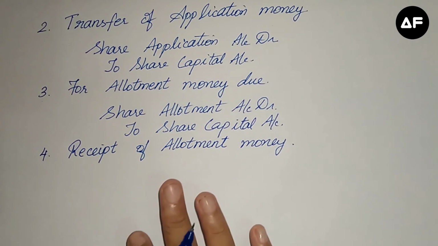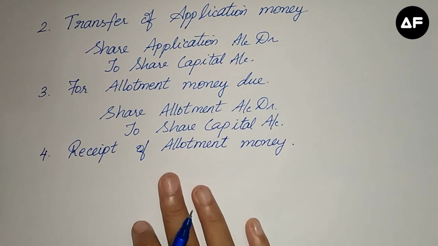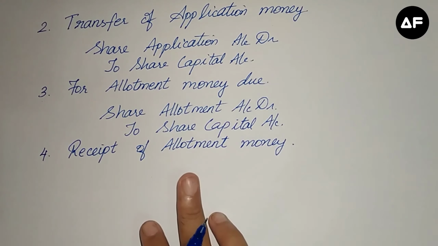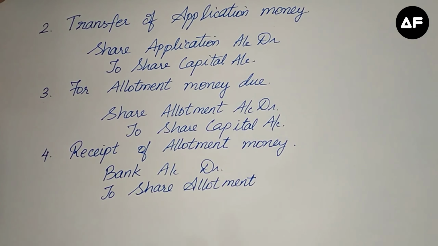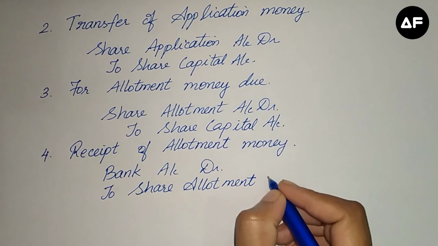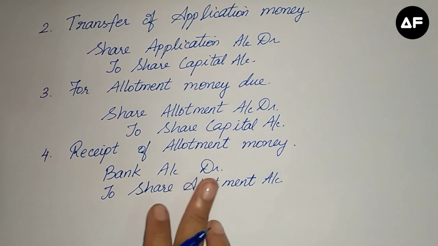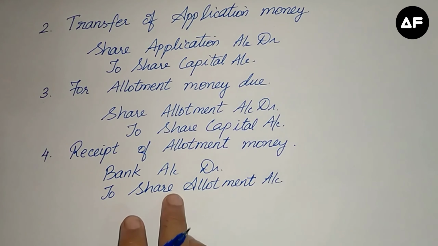Likewise, here the investor, after being contacted for the allotment, will pay the allotment money to the company. So the journal entry for it is bank account debit to share allotment account. So bank account, because the investor pays in the money for the capital, or for the seat allotted. So bank account debit to share allotment account, as it is being received for the share allotment.